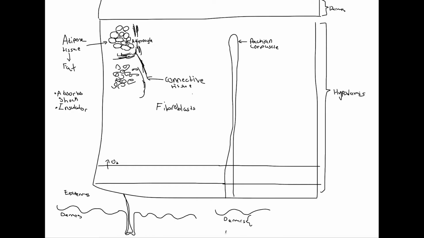Then this is the hypodermis. Okay, it would come down, and then it would come down into the hypodermis. And then this hair follicle would just sit there. So those are hair follicles.